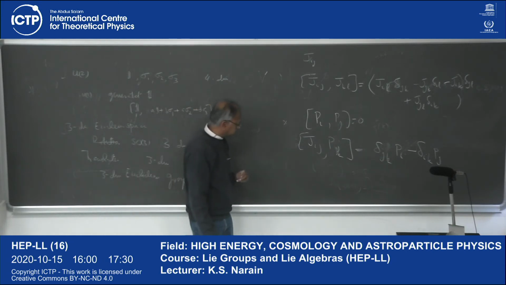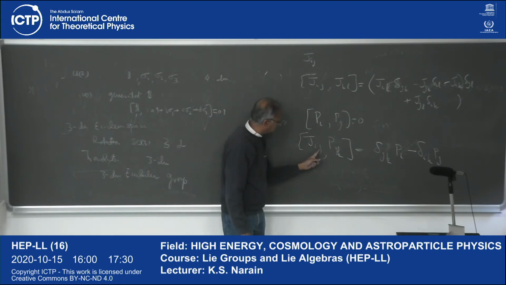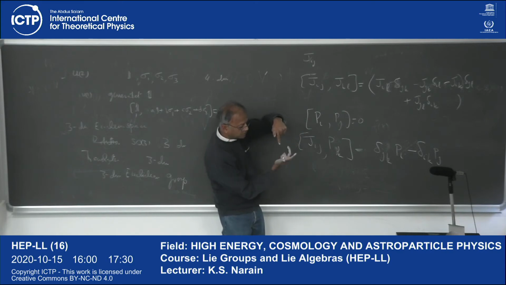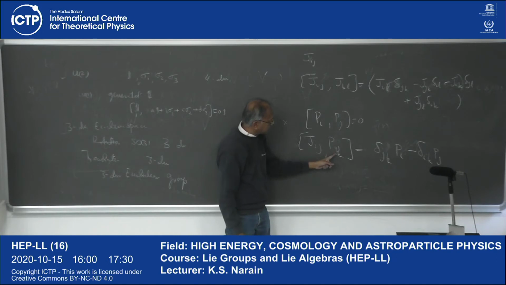You see, suppose this is 1, 2. So we are rotating around the 3rd axis, in the 1, 2 plane. So if this happened to be P3, then it will do nothing. But if it is in the first direction, it will rotate to the 2nd direction.